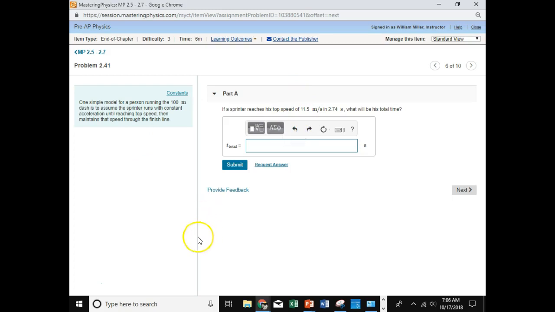So you know the initial velocity, the final velocity, and the time. You really only need to find the delta x. Once you find the delta x of the acceleration, you can subtract it from 100, and then using his top speed and that new distance, you can find out how long he was under uniform motion, and then add the two times.